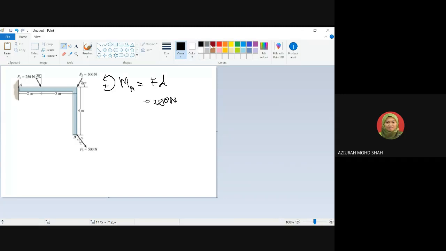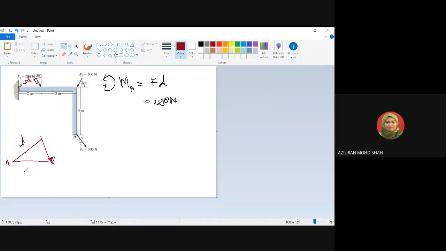So it is possible to have this one, 90. So this will be the D. Okay, I'm going to enlarge the figure. So this is your point A, right? This is the D, and this will be the force.